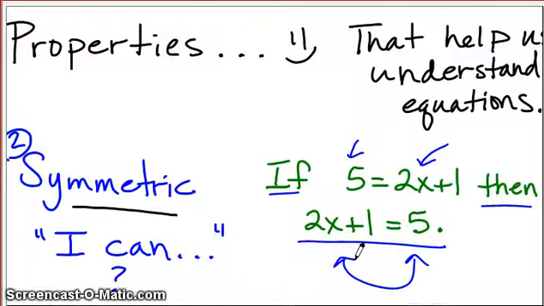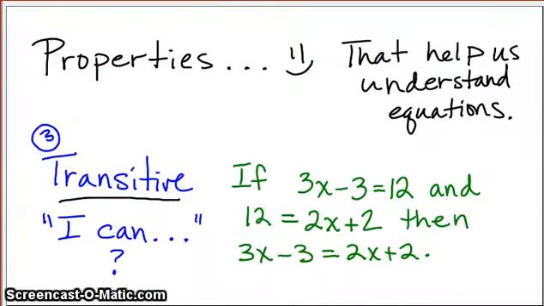What it means is that your equation is the same forwards, and if I flip it backwards, you have the exact same equation. And we use this property when we want to turn it around. Most often people like this variable right here to be on the left side, just because we've been most comfortable with it being on the left. So lots of people use the symmetric property when we want to flip it around with the variable on the left side. And that's how it's useful.